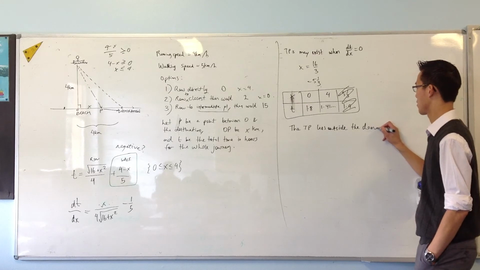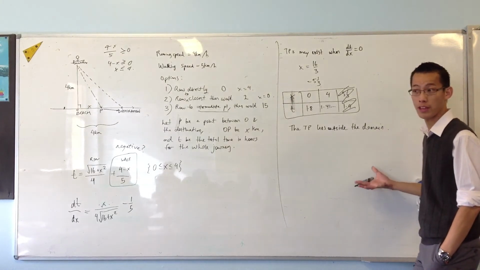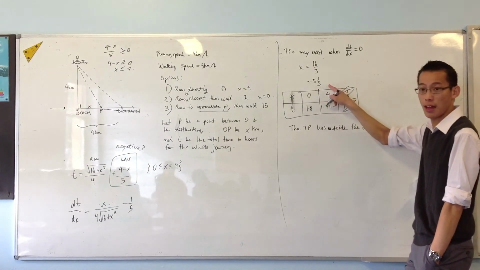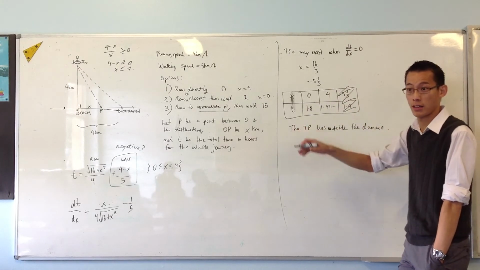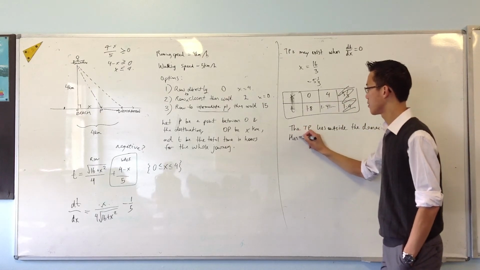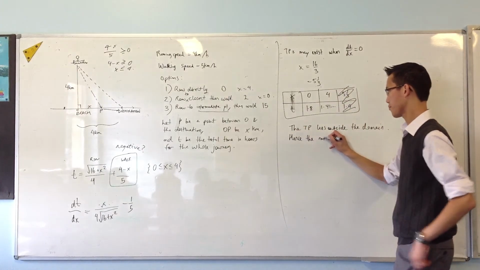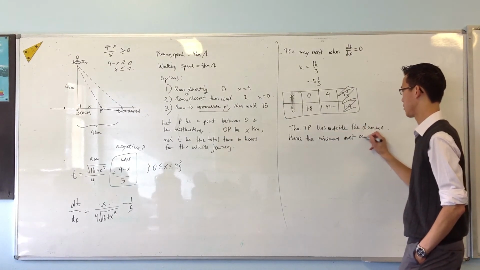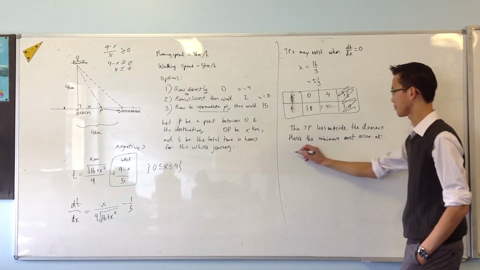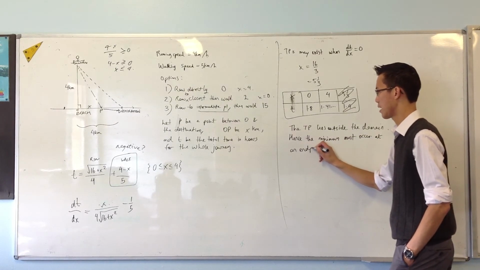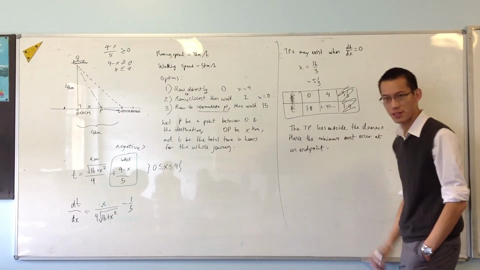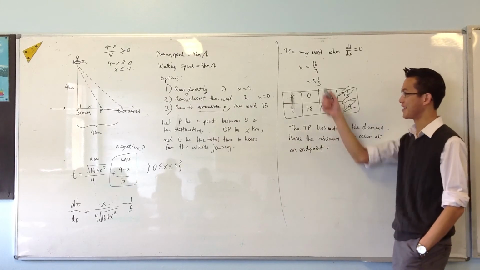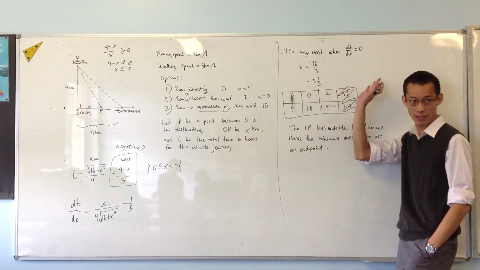So this is actually what you write, by the way, in your answer, because you've got to account for this number and why you're going to ignore it. Hence, the minimum must occur at an endpoint. That's why you get this value and you've got to disregard it.